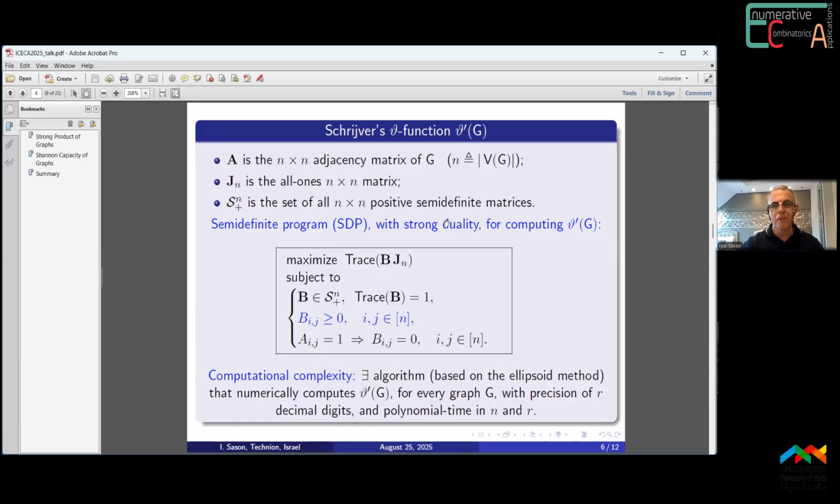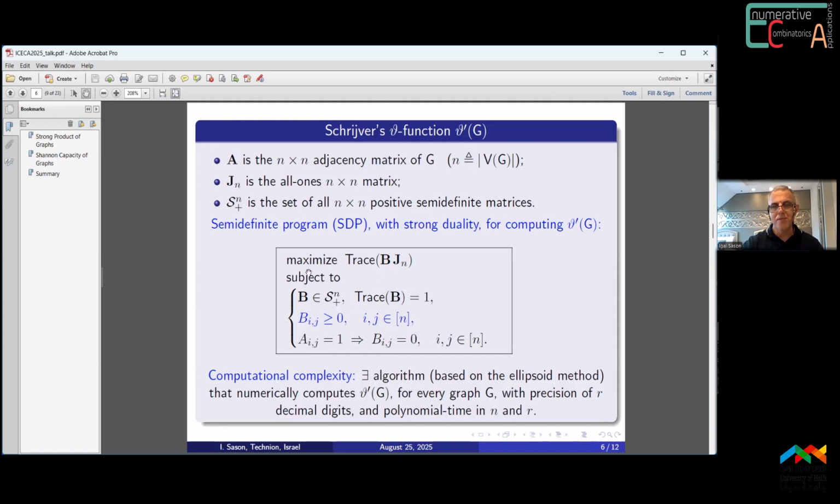And it's again formulated as a semi-definite program where the only difference is an additional inequality constraint.